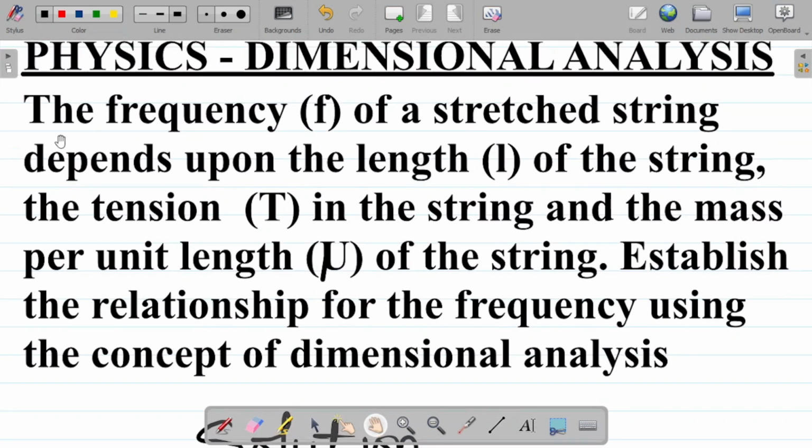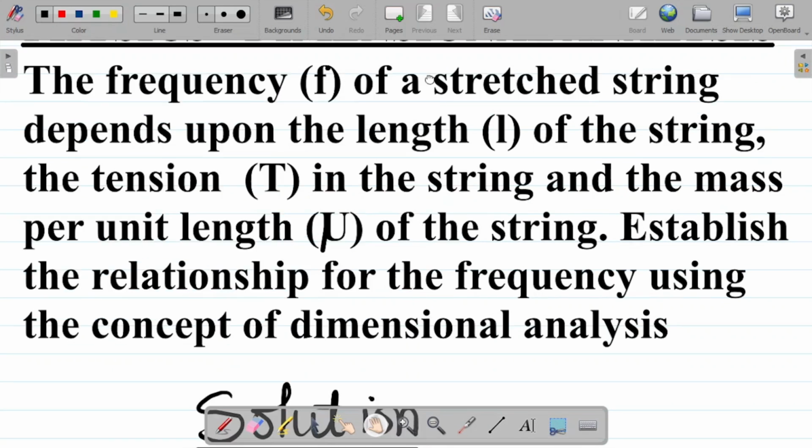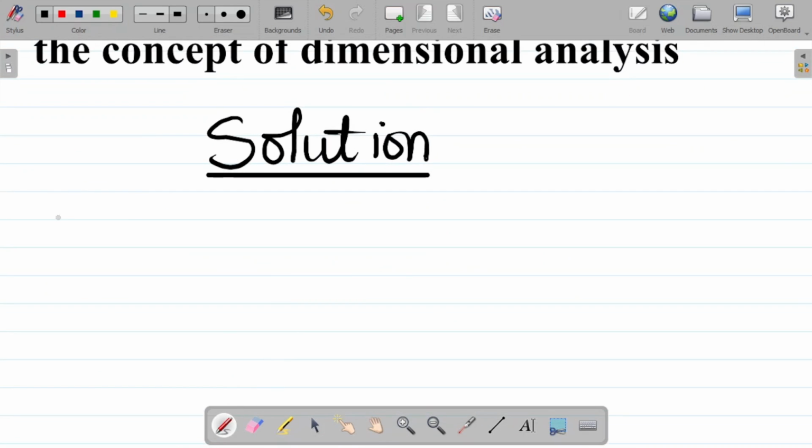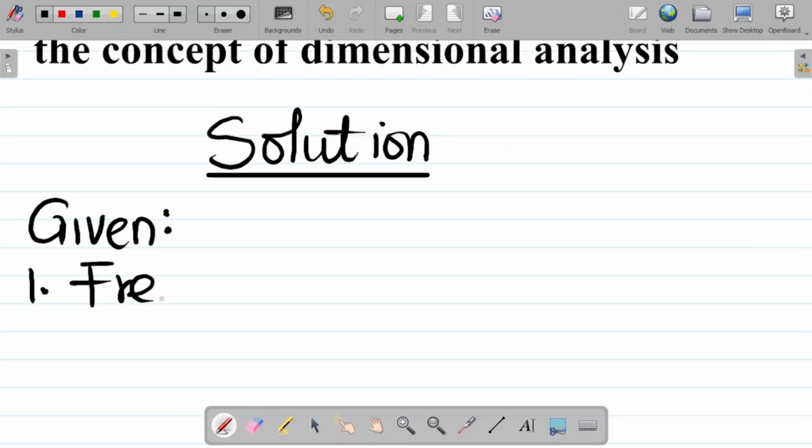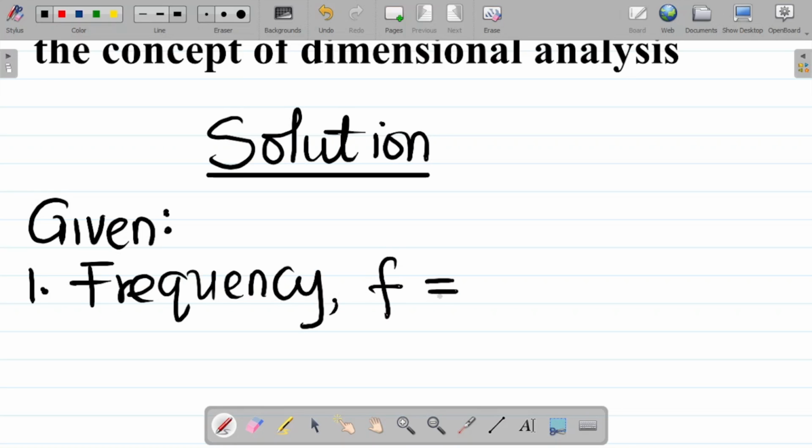Okay, so the first thing we're given here is the frequency of the stretched string. First things first, we'll list out the given parameters. Given number one, we're given the frequency, and that's a small f. Our next task is to write out the dimension of frequency.